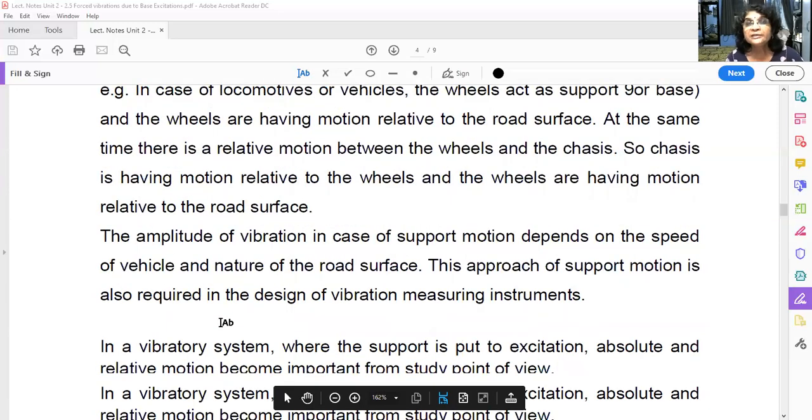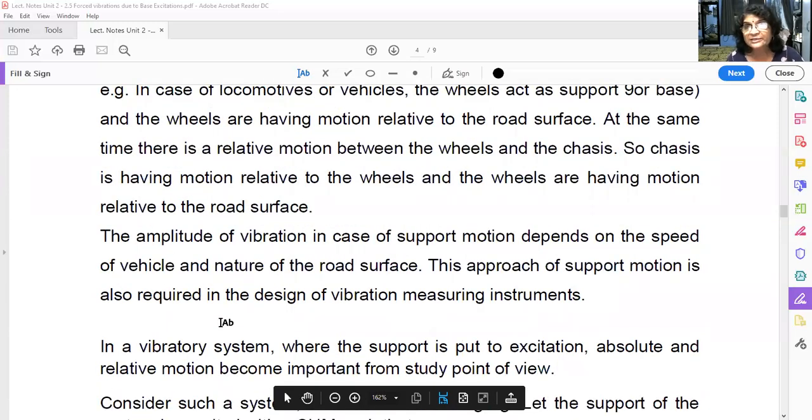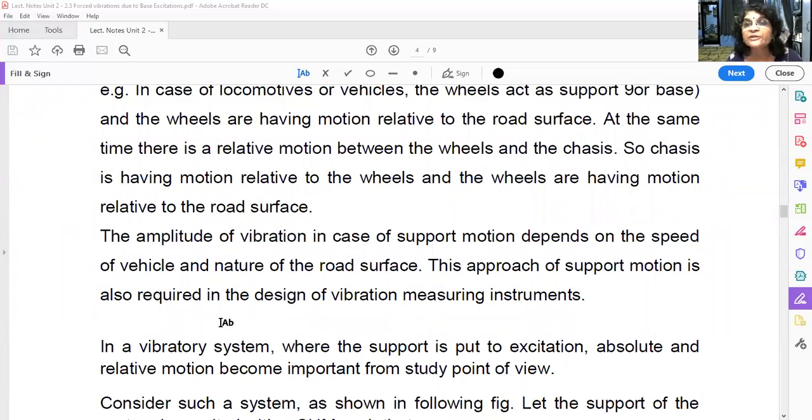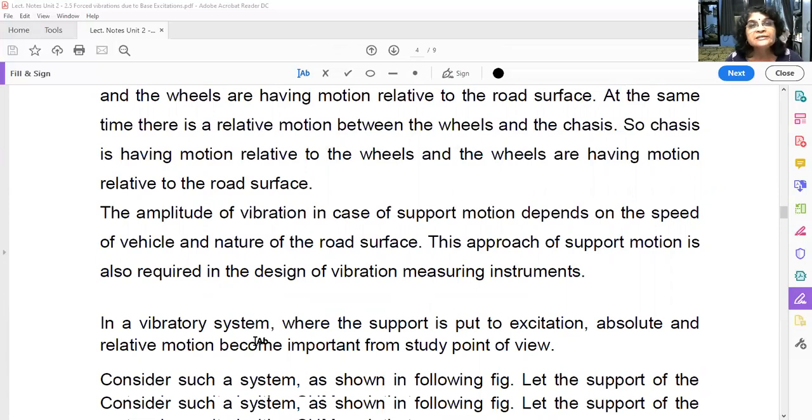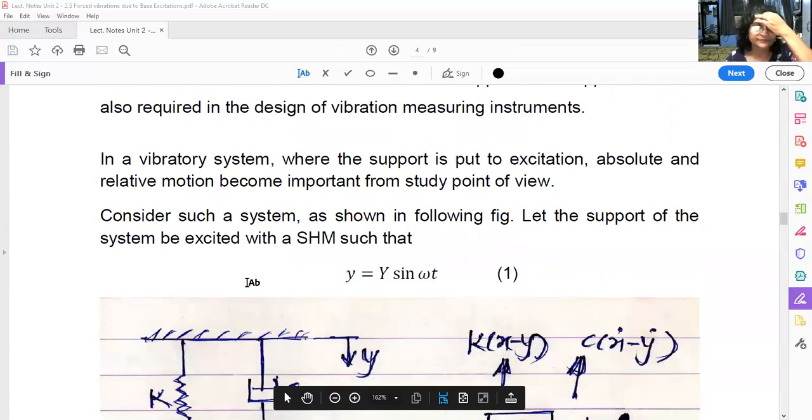So this is an example of support excitation. This concept is also utilized in the design of vibration measuring instruments, where we assume that the support is vibrating. So that concept is used in vibration measuring instruments. Let us now study this case in detail.